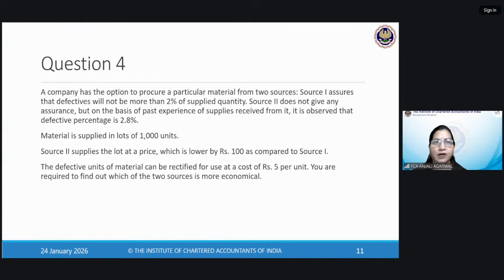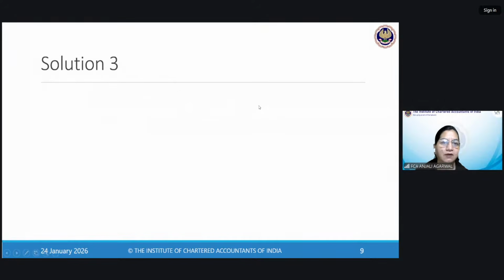So team, so far we have been discussing inventory management decisions in material cost, the material element of cost.